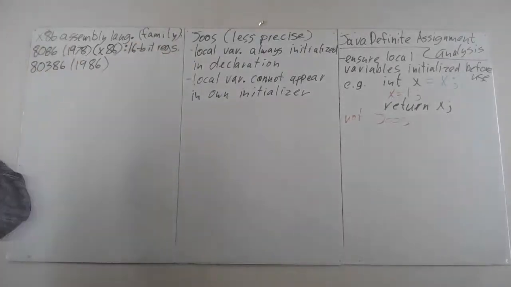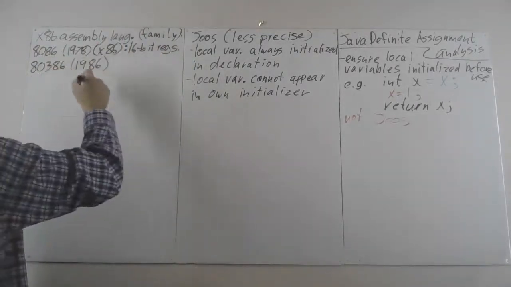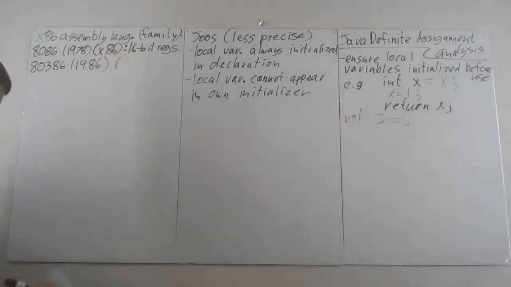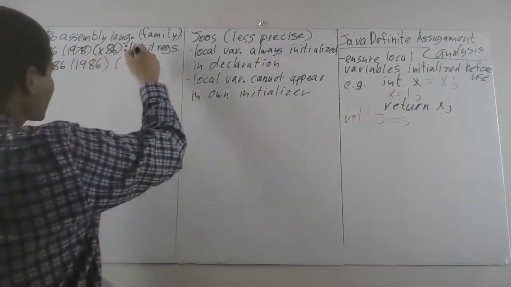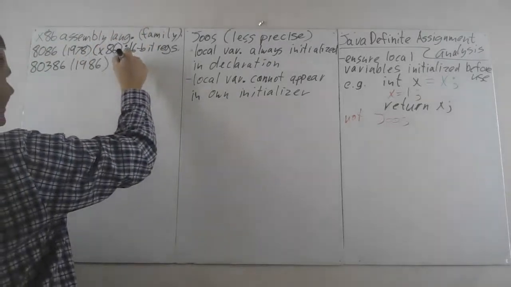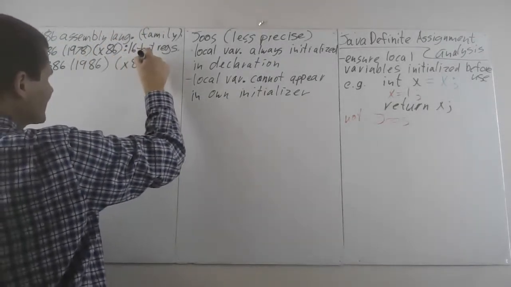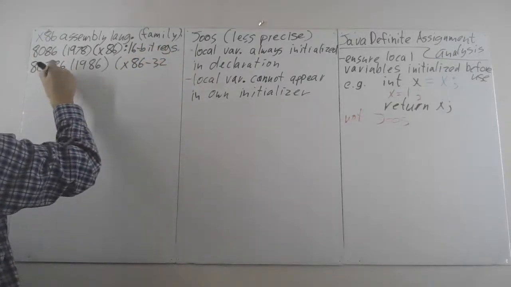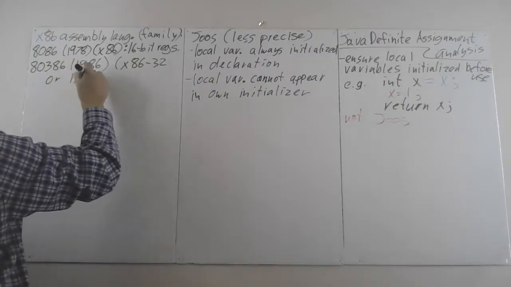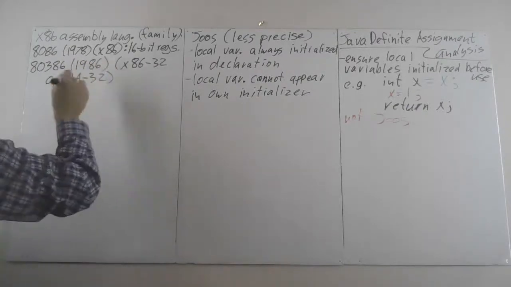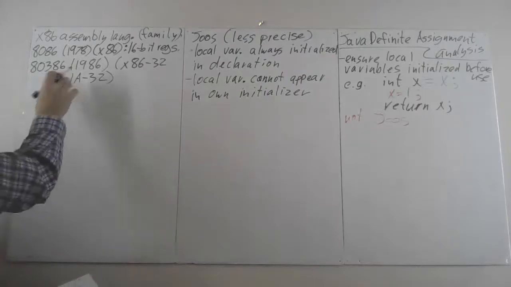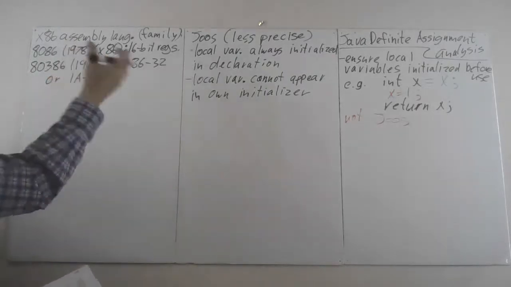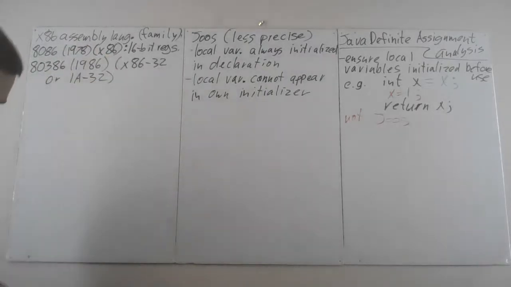And then the 386. There are different names for the new assembly language that it introduced: x86-32, or sometimes IA-32. The IA stands for Intel Architecture, since Intel was the manufacturer of all these processors back then.